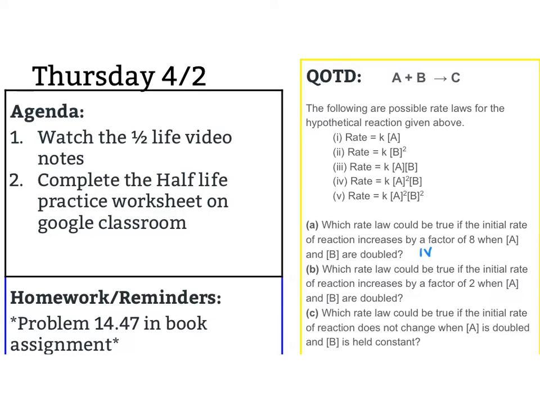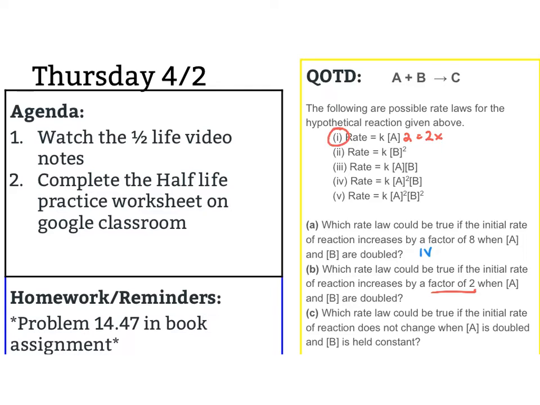Okay, so the next one says, which rate law could be true if the initial rate of the reaction increased by a factor of 2 when A and B are doubled? In the first one, A is the only thing that affects the rate. So when we double A, the reaction is 2 times faster, which is what we were looking for.